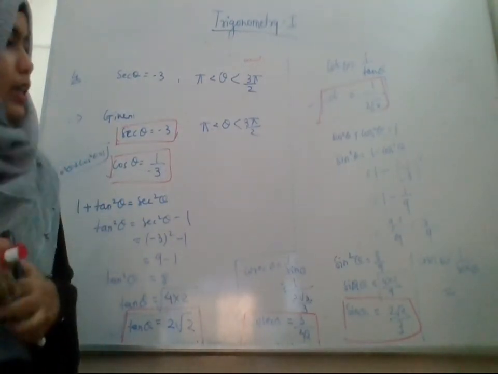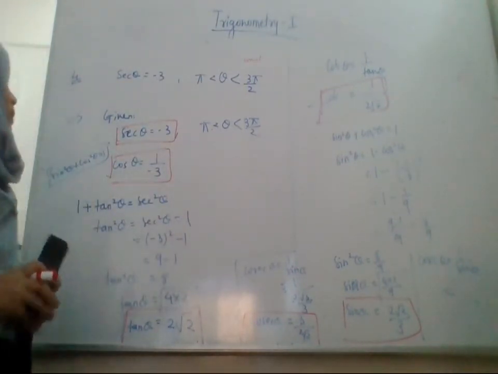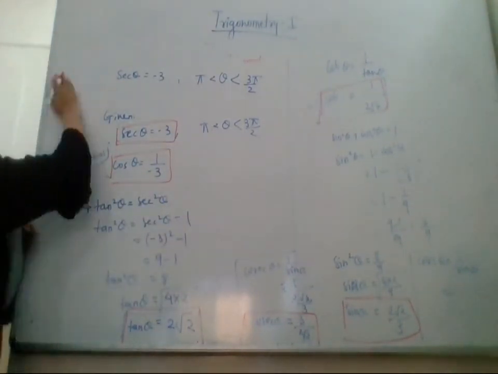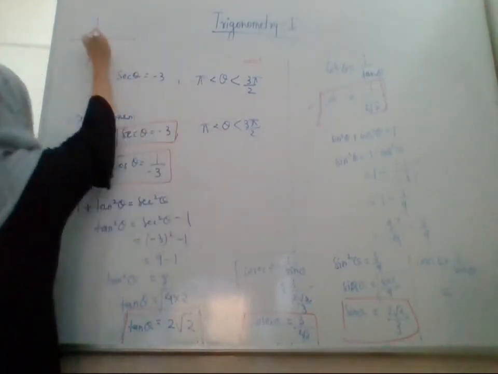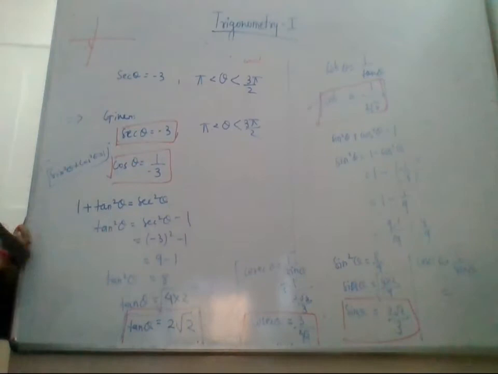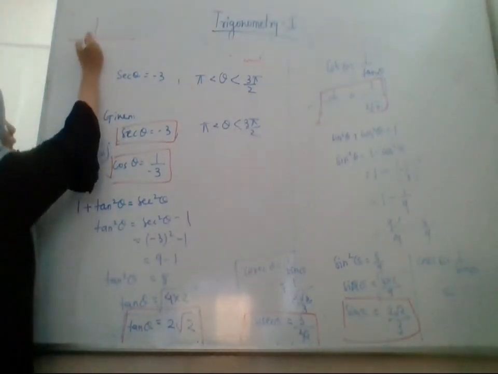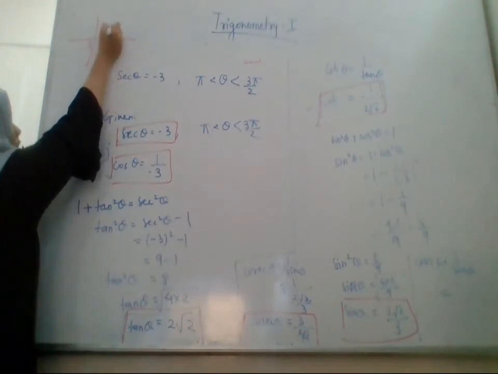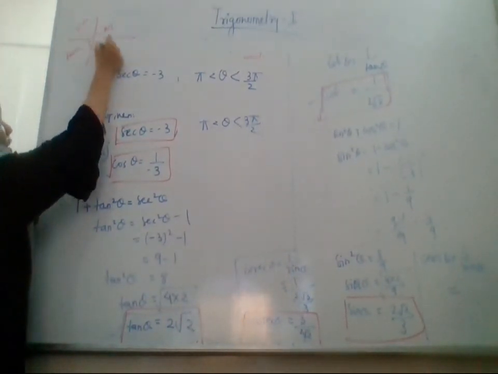And one more thing we have to remember while solving such type of problems. See, our theta is in which quadrant? Our theta is in third quadrant, right? In the previous lecture, we have seen that in the first quadrant all will be positive, here only sin positive, here only tan, and here it is cos.